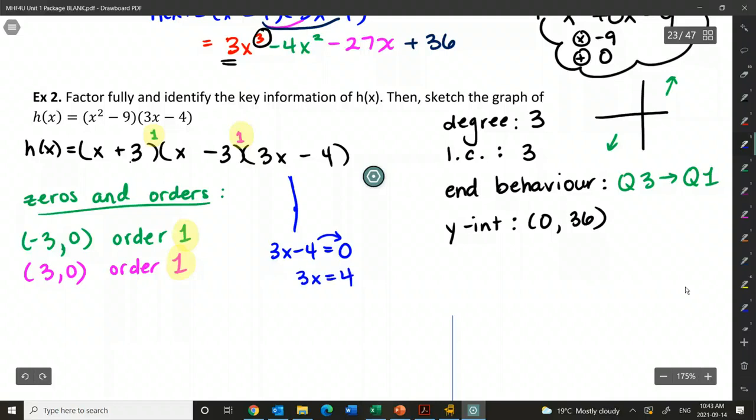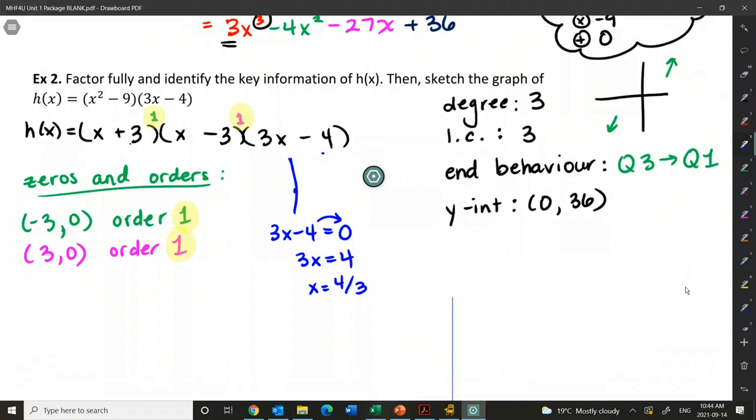I move the 4 over, I divide the 3 out, and I get x equals 4 over 3. That's the x-intercept that gets produced by this binomial. The quick way is just switch the sign and do this number over this number. But if you're not sure, set that binomial equal to 0 and solve.